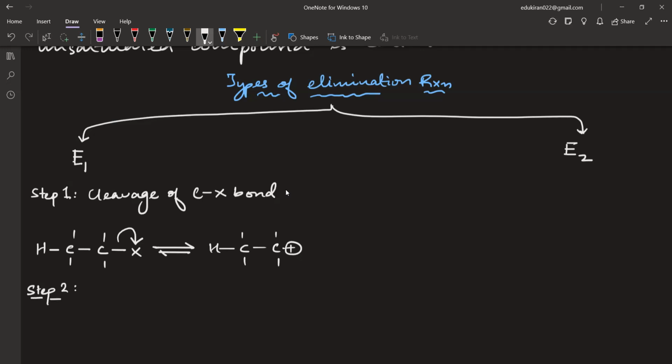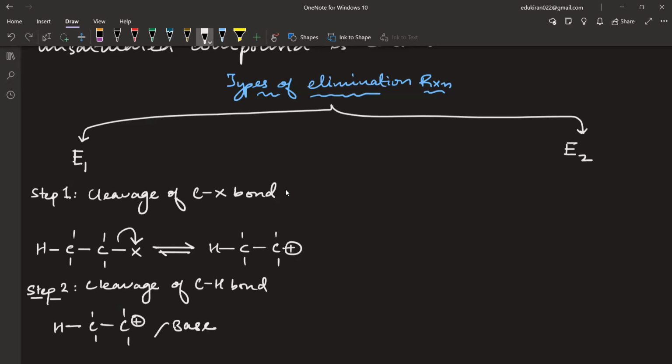Step 2 is the cleavage of the C-H bond. Now, in cleavage of the C-H bond, hydrogen, it is like this, and a positive charge. So this hydrogen will break, right? And what is the work of the base? What is the use of base?